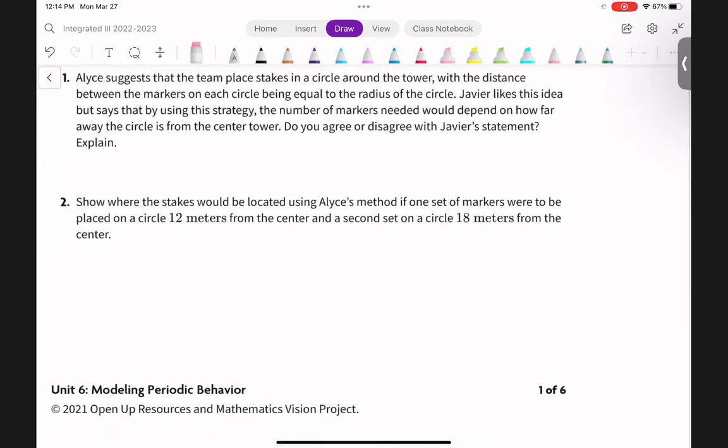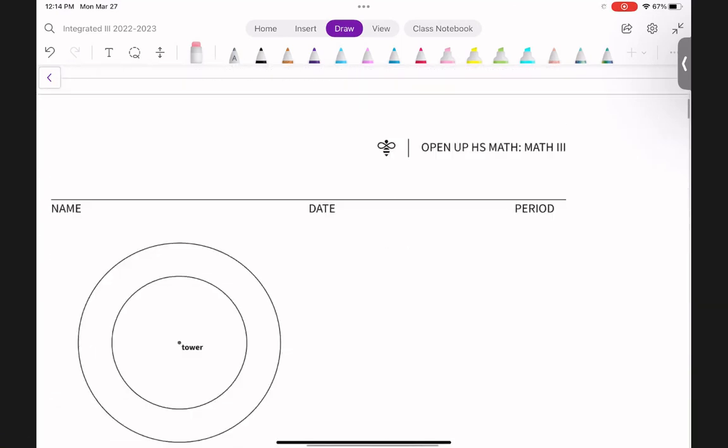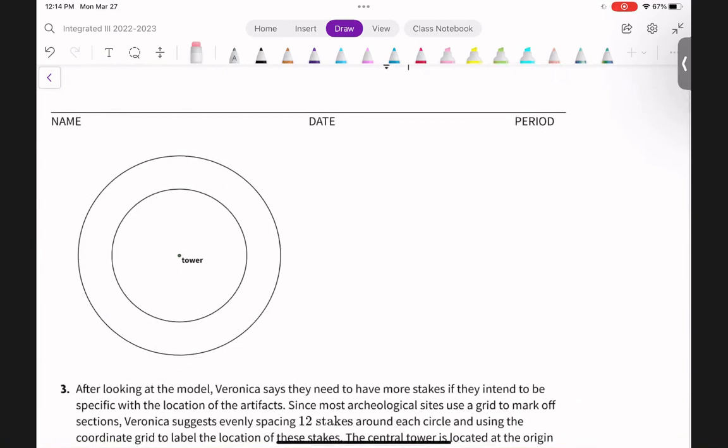So they're basically asking, so here's a picture. If you look at that inner circle, the inner circle is saying, look how long that circle is, versus the outer circle is larger. So Javier is saying, hey, the number of stakes we need will depend on how far the circle is from the center of the circle, the tower.